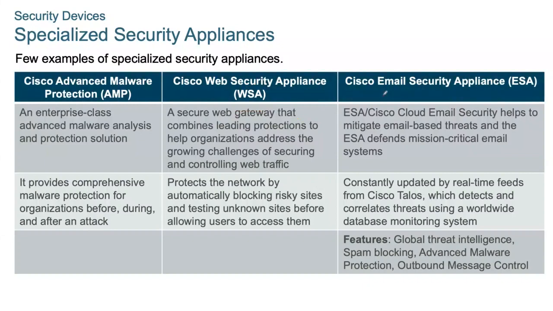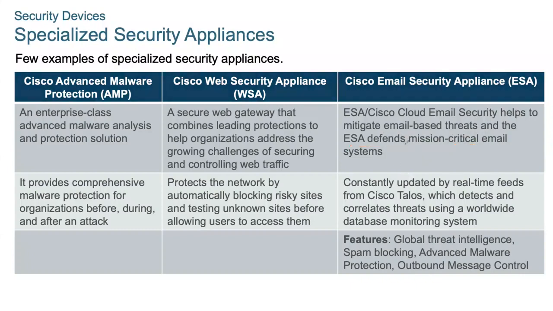Another important one is the email security appliances. Cisco provides these email security appliances, including cloud email security, that help mitigate email-based threats, and the ESA defends mission-critical email systems.